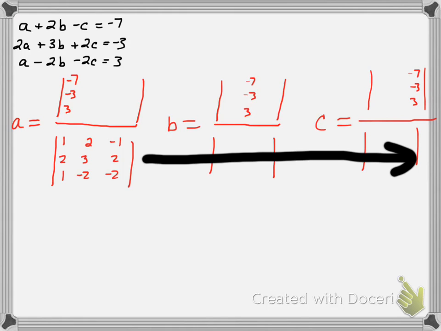Everything else on top will match what is on the bottom. So for A, that would be the second column and the third column. For B, that would be the first and third columns.